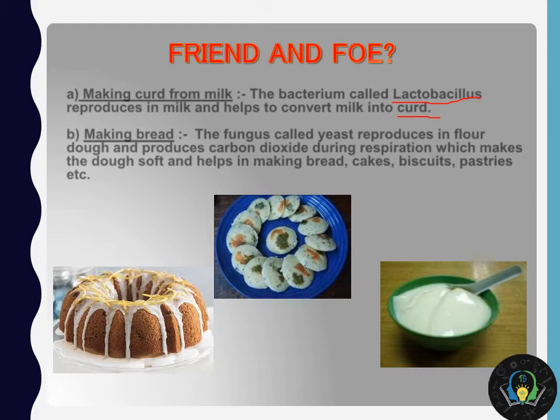The fungus known as yeast, which we widely use to make bread and cakes, is a white powder-like structure available in supermarkets. The yeast reproduces in the flour dough and produces carbon dioxide gas during respiration, which makes the dough soft and helps in making bread, cakes, biscuits, pastries, etc.